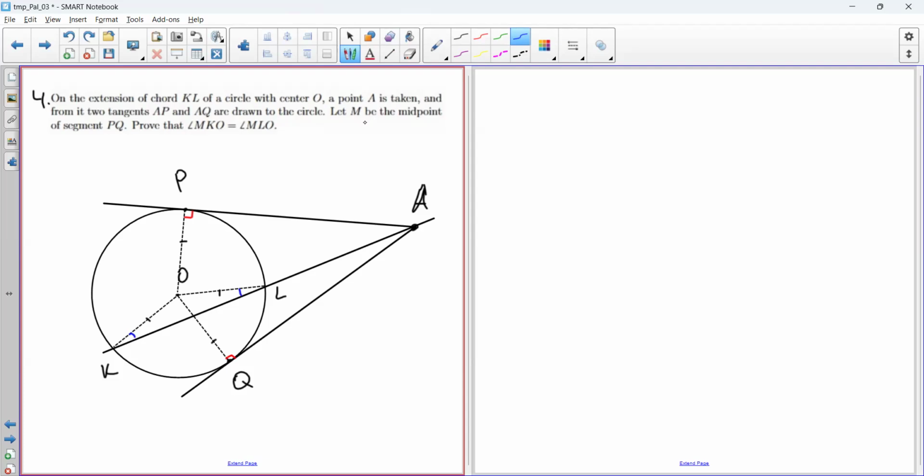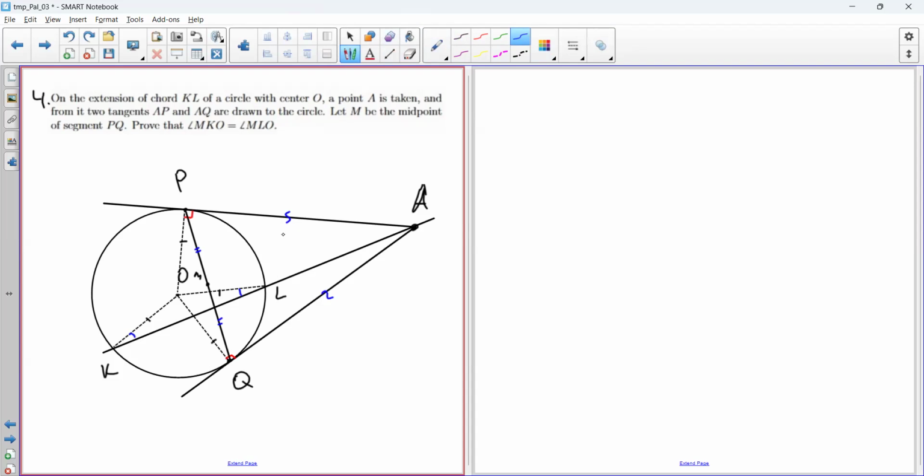Then let M be the midpoint of the segment PQ. So we consider PQ, we consider the midpoint M. Sorry, what I didn't denote would be the equal tangent segments AP and AQ, which of course I perfectly knew at that moment.